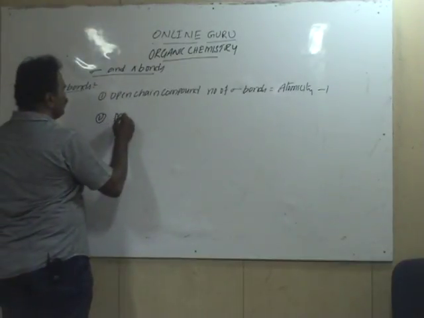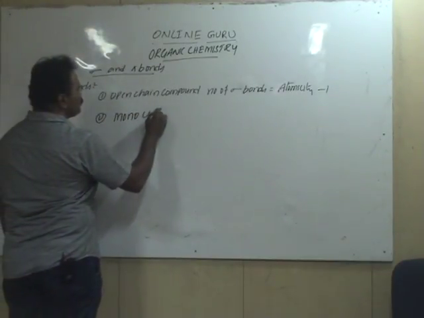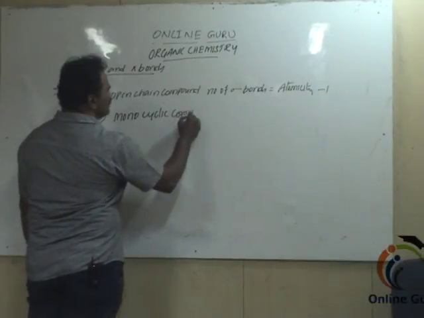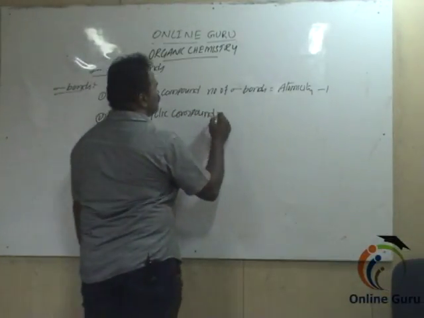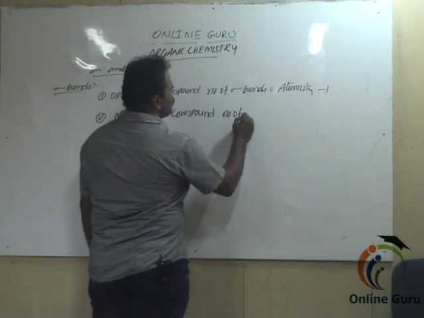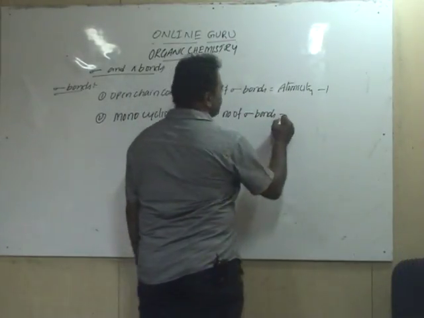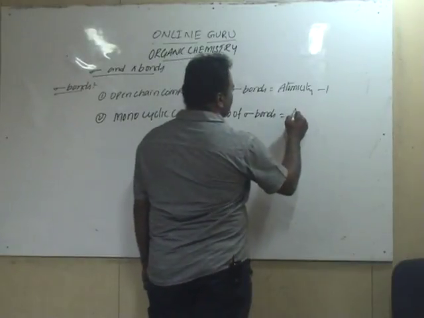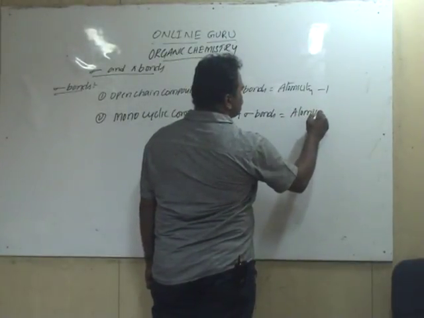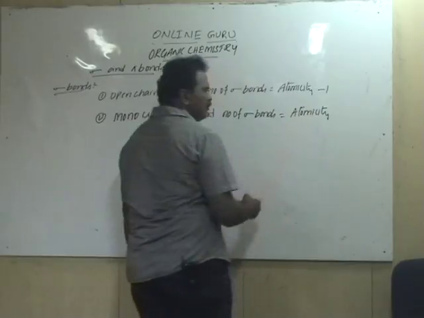Second one, monocyclic compound: the number of sigma bonds equals atomicity, the total number of atoms in a molecule.